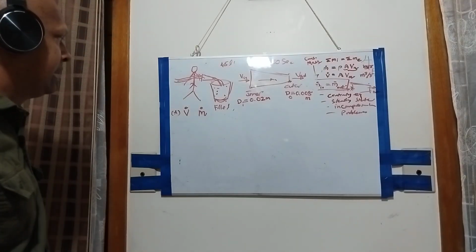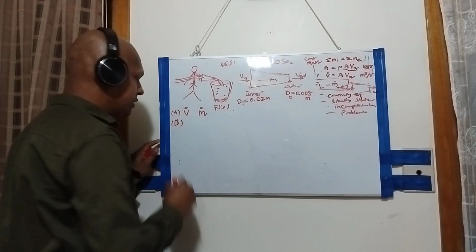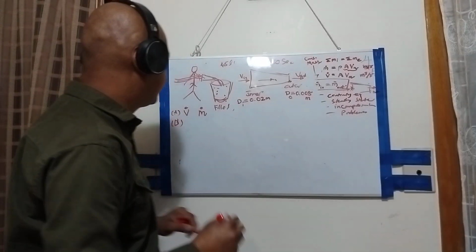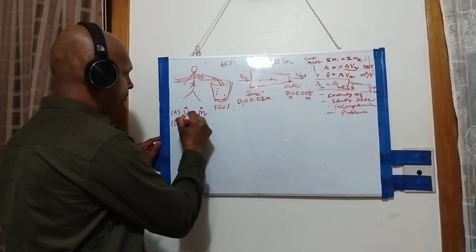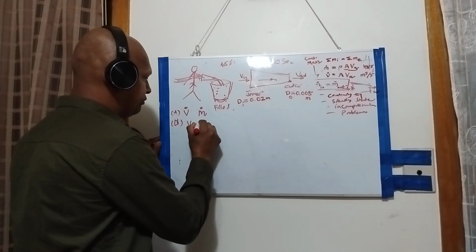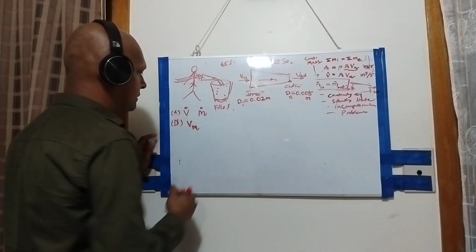And then the second question is the Vm, which is the mean velocity of the stream.